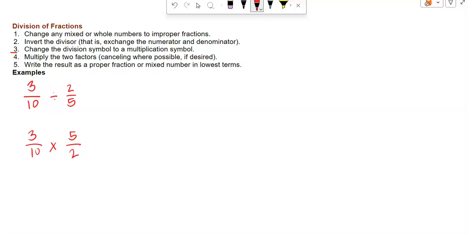So all I did was flip the numerator and denominator, and then I changed the division to multiplication. And then I'll do this the same way that I did it earlier. I'm multiplying straight across. 3 times 5 is 15, and then 10 times 2 is 20. Okay, both of these can be divided by 5. Okay, so that gives me 3/4.